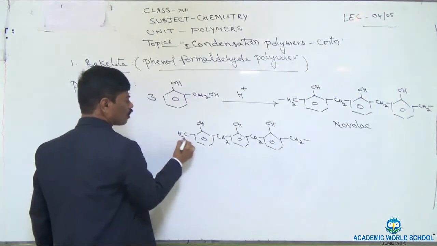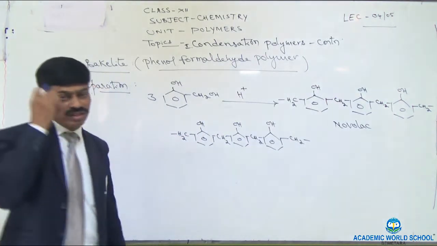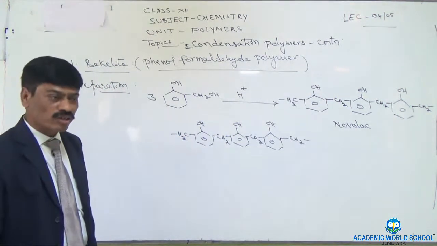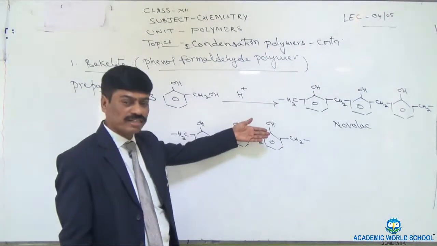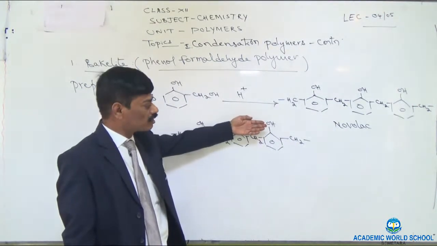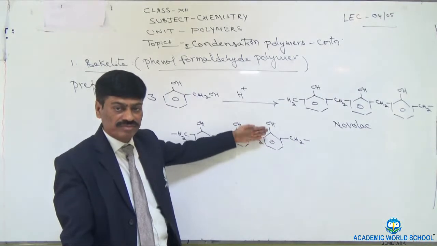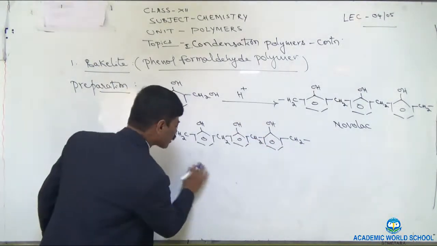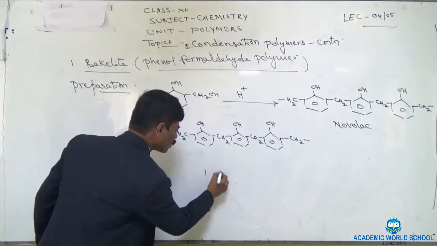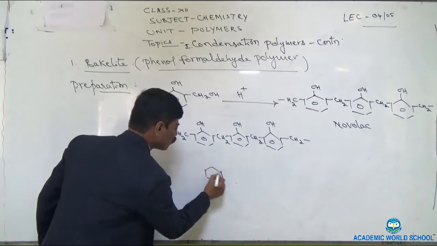Keep the valency of carbon in mind while showing the structure. This is Novolac. Now what you are going to do is show the same Novolac structure upside down. So again exactly below, show 3 more benzene rings.